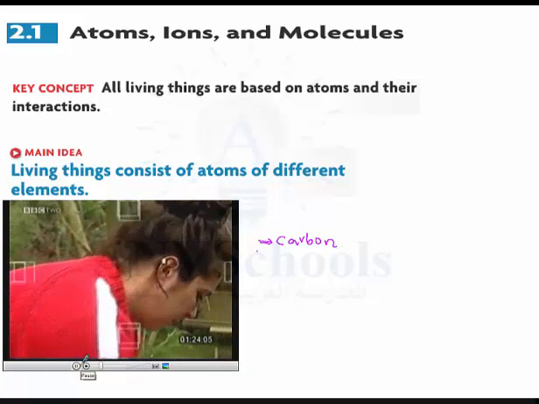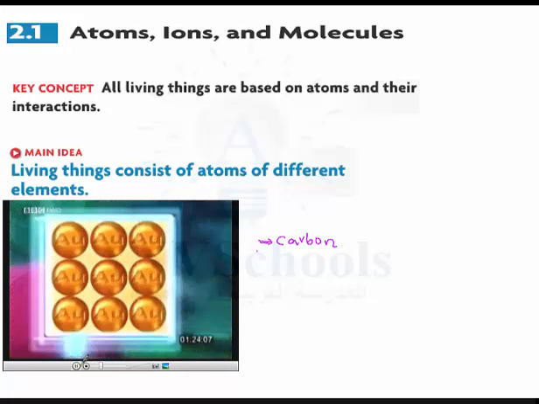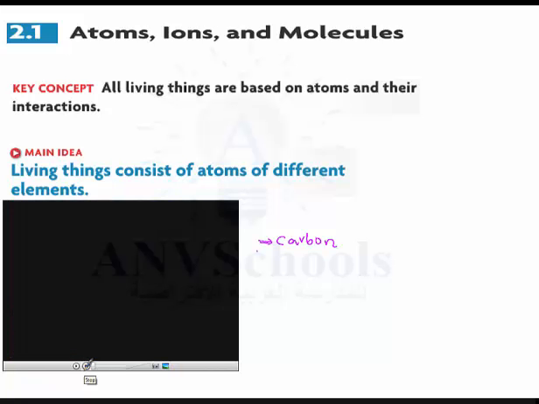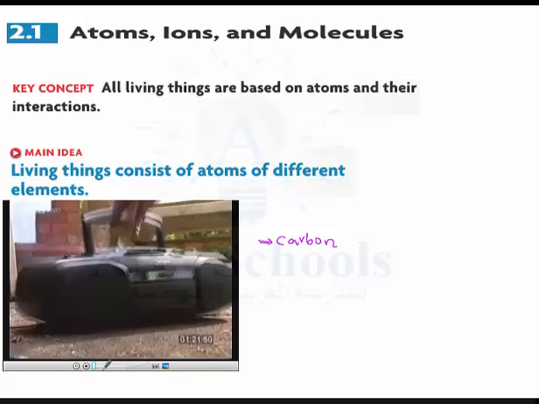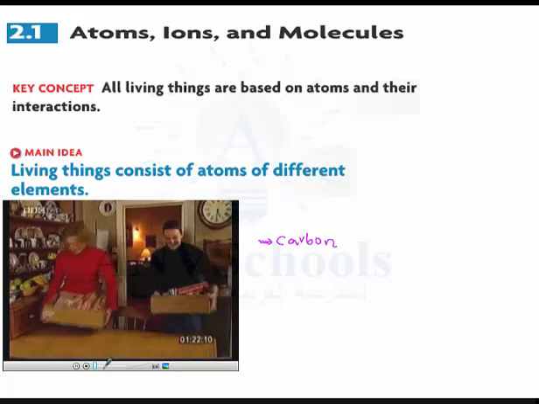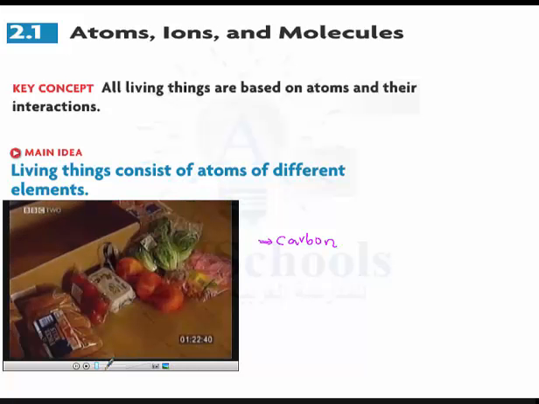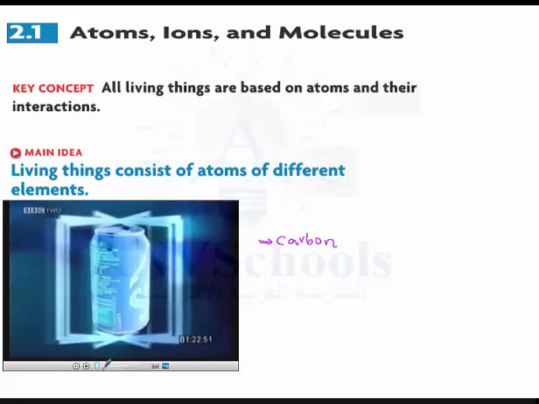So the charcoal that we know is carbon, and the gold ring is also another example of an element.